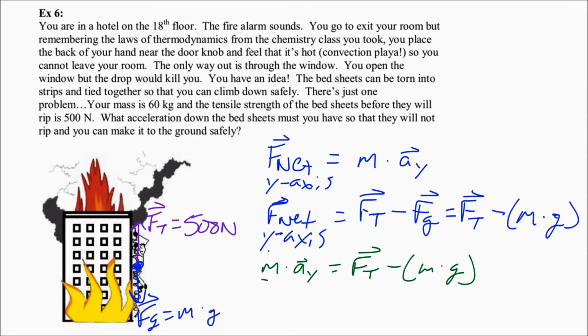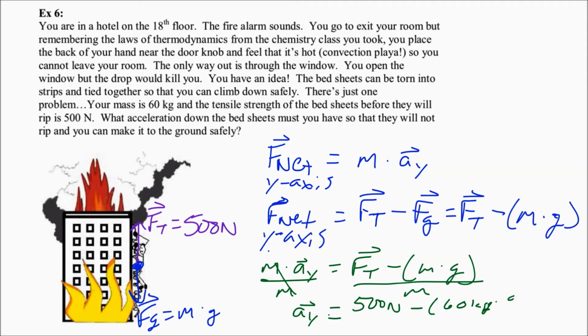Alright, so all we need to do is divide both sides by the mass, and we can figure out what that acceleration in the y-axis has to be so that you will survive. Right? So we're going to say 500 newtons minus 60 kilograms times 9.81 meters per second squared.